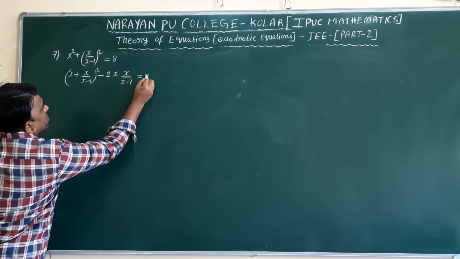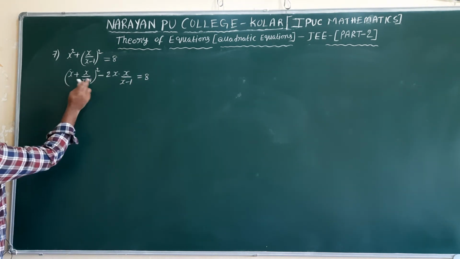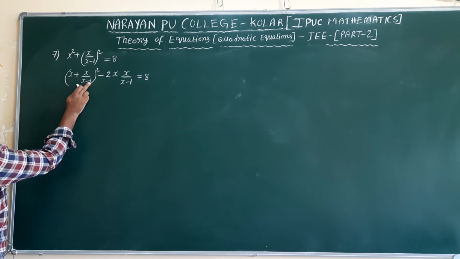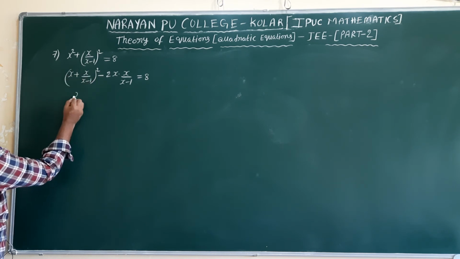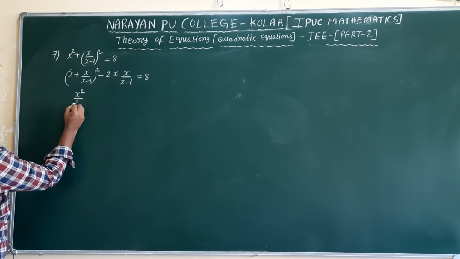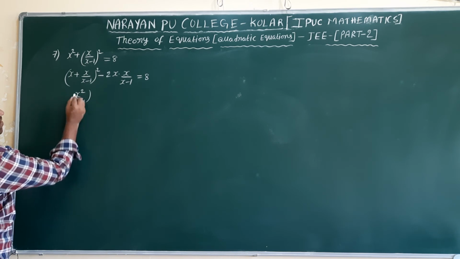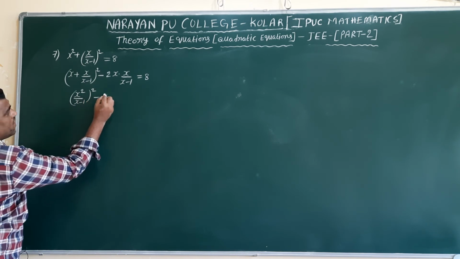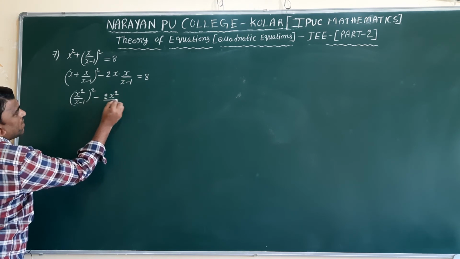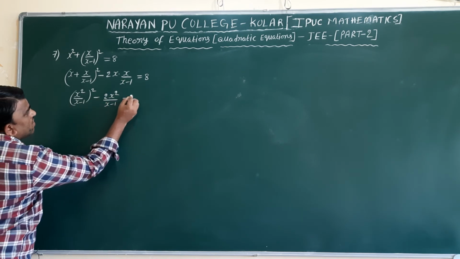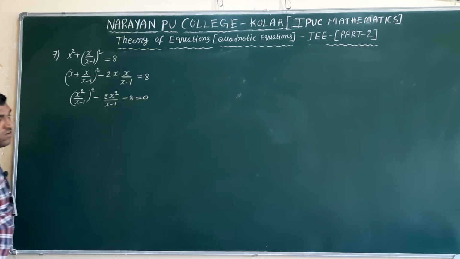is equal to 8. So take the LCM, x square minus x plus x cancel, x square by x minus 1 whole square minus 2x square by x minus 1 minus 8 equal to 0.